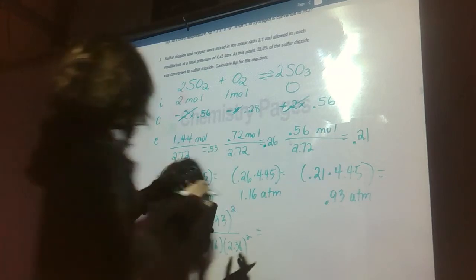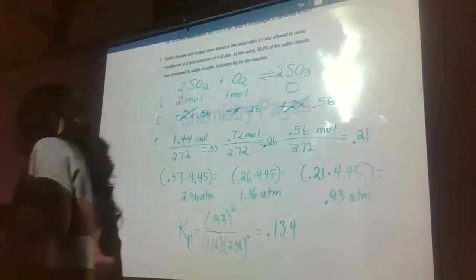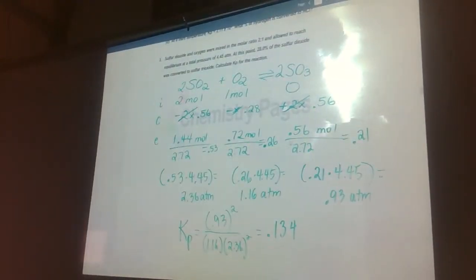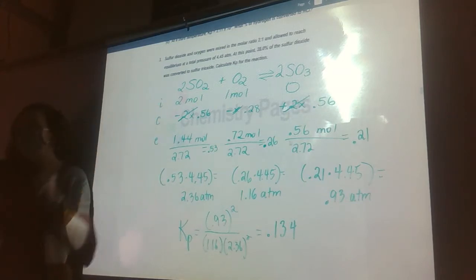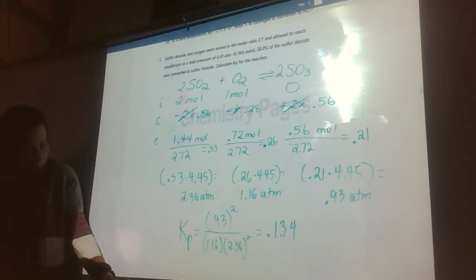And I get 0.134. And that tells me that at equilibrium, this lies to the left. I have more reactant than product at equilibrium.